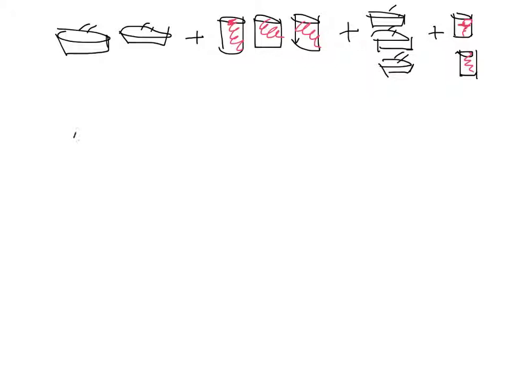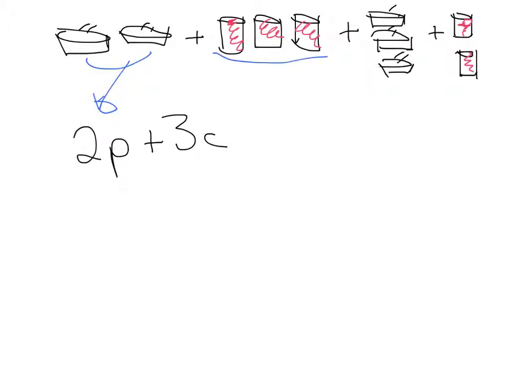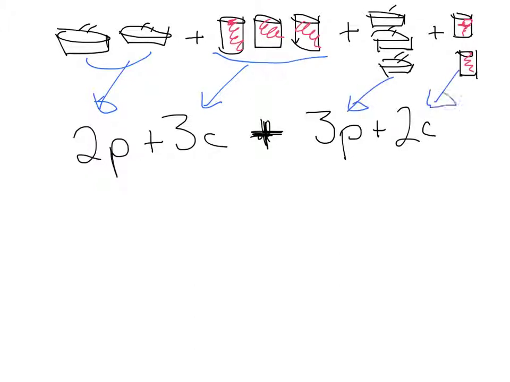So, 2p plus 3c, these are our 2 pies, and our 3 Cokes, plus an additional 3 pies. So 3 times pies, remember, no multiplication between 3 pies. We're speaking in English here. Plus another 2 Cokes.